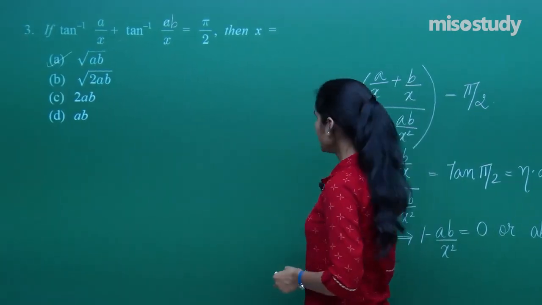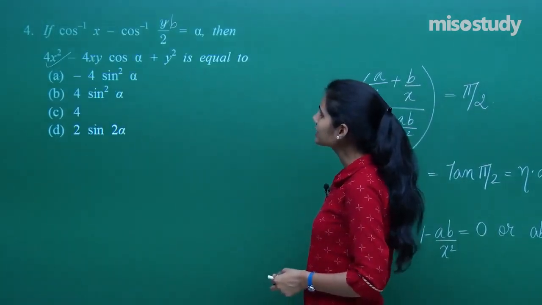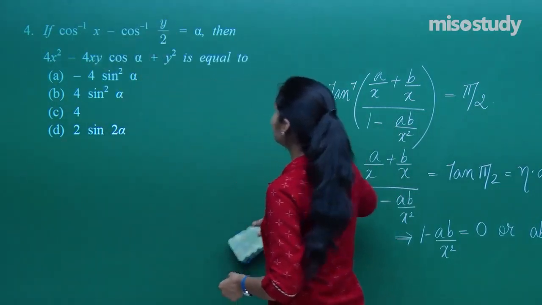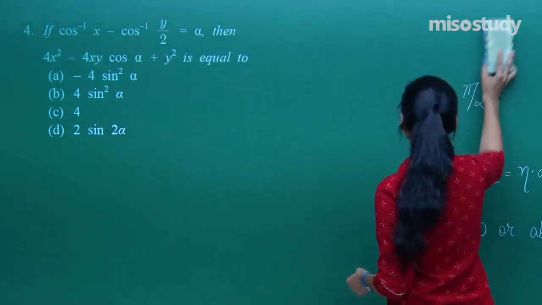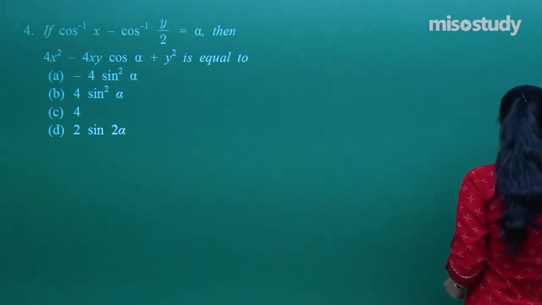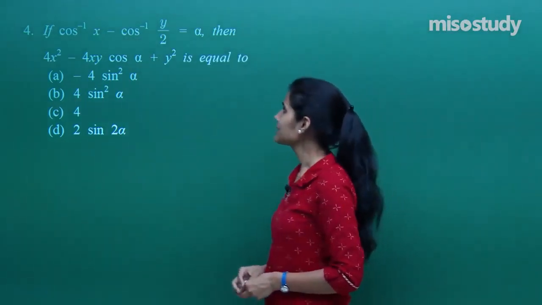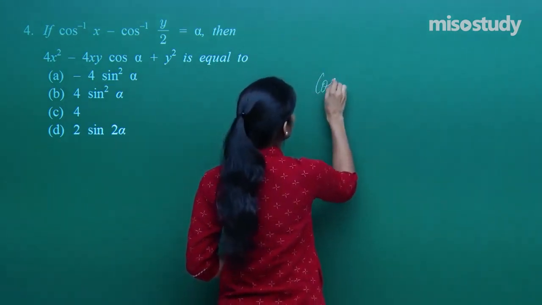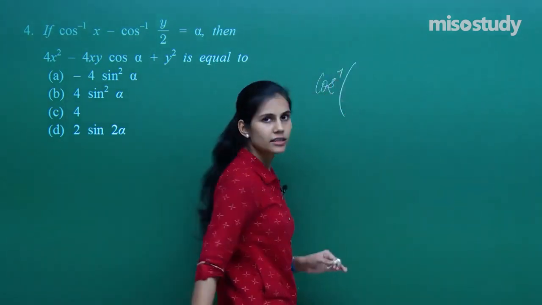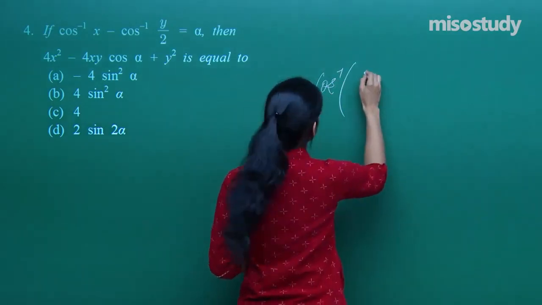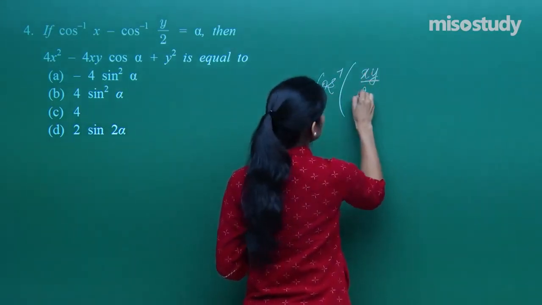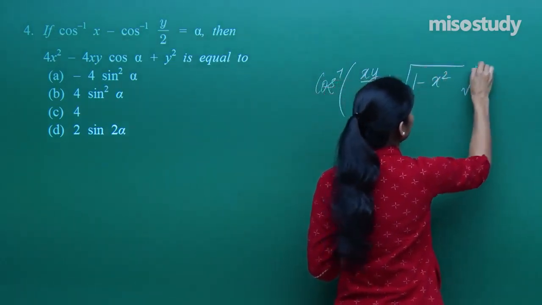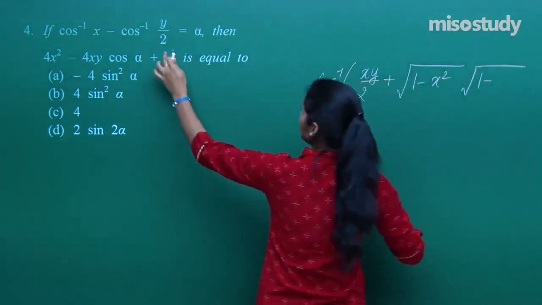Clear? Next question says that if cos inverse x by 2 minus cos inverse y by 3 is alpha, then what is this value equal to? Let's see. Cos inverse x minus cos inverse y, well, what is this equal to? Cos inverse of xy plus under root 1 minus x square into under root 1 minus y square.